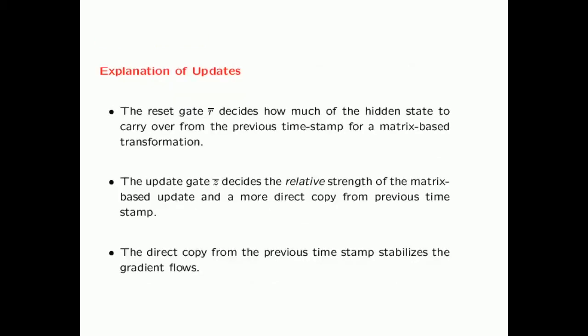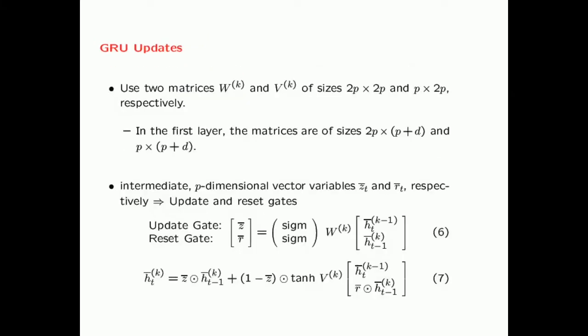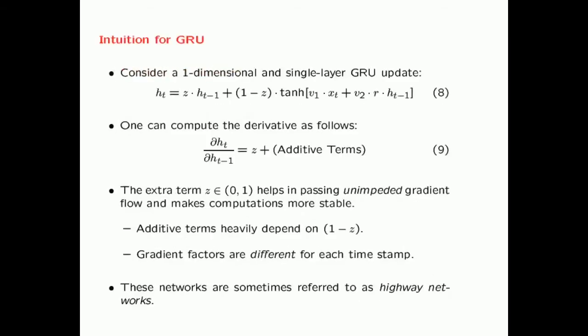Because you're looking at the one-dimensional case, your matrix V will be a 1 cross 2 matrix. So it will have two elements, V1 and V2. So these V1 and V2 are two elements of the 1 cross 2 matrix.